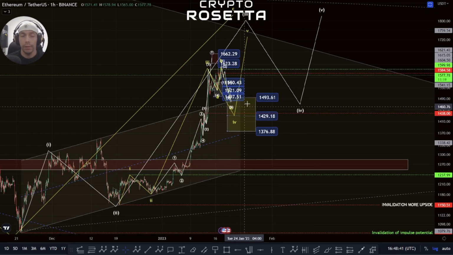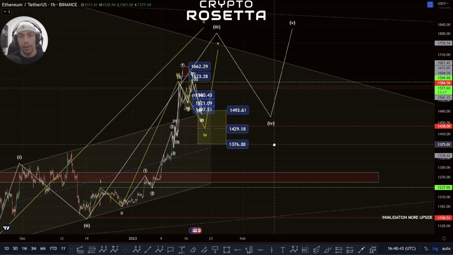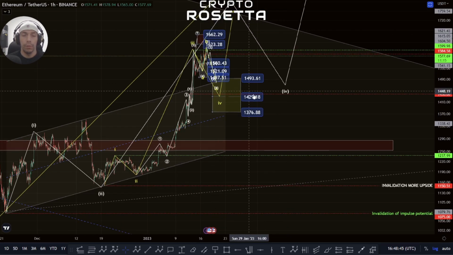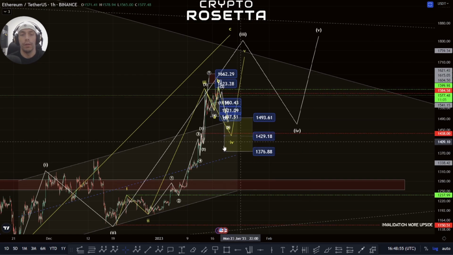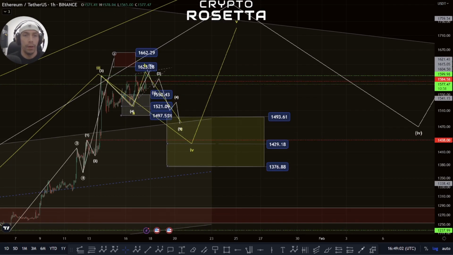So until we get these fourth waves come in, I would be very cautious, because if we do start to break down here, and obviously the invalidation of this bullish potential would come by crossing this 1075, but it would also indicate that potentially we have a much deeper drop to come after that. And yeah, so we just need to be a bit careful with this.